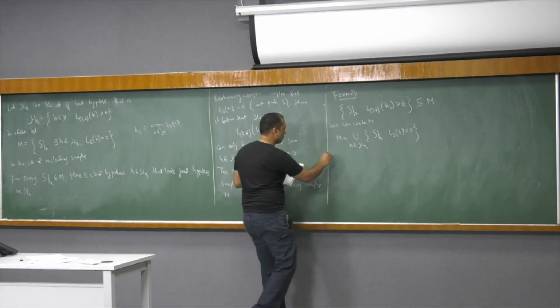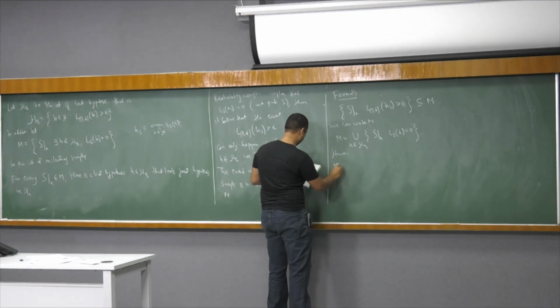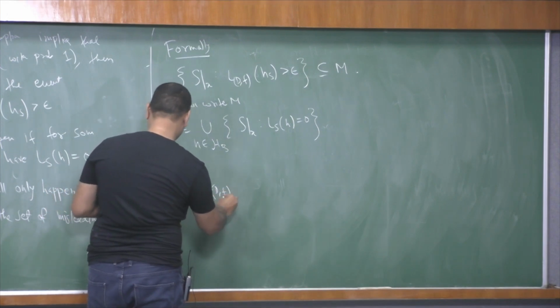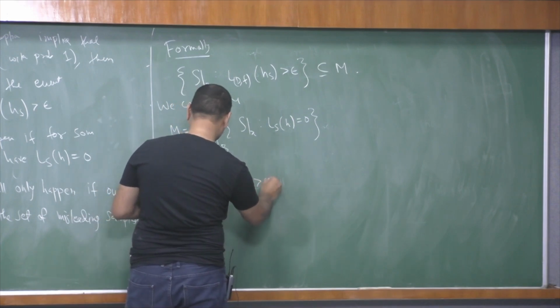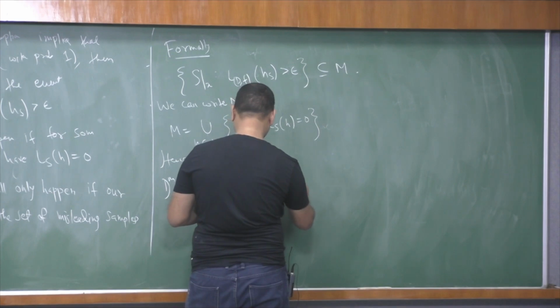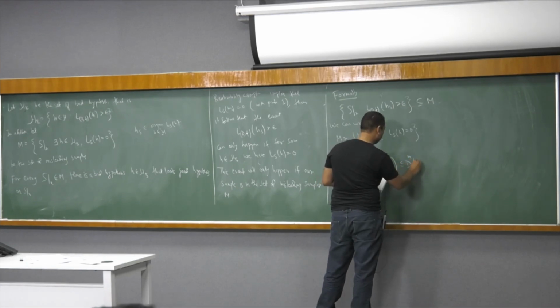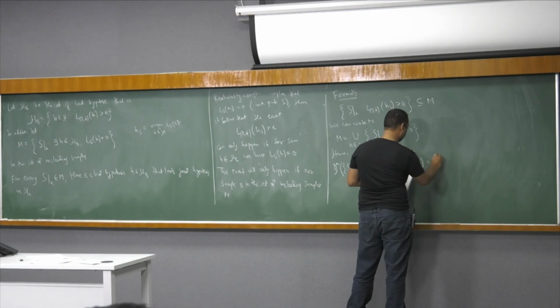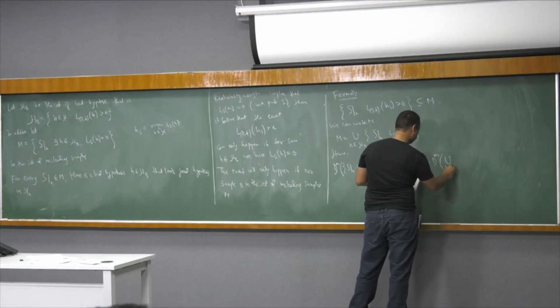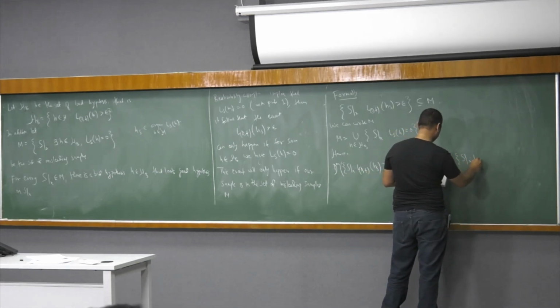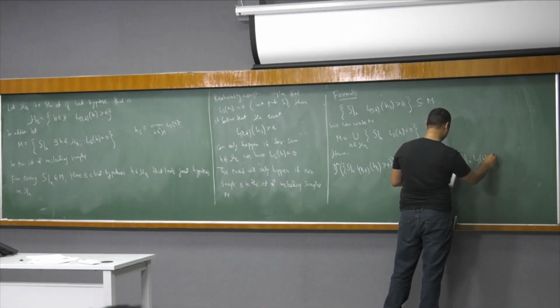Hence D^m of {S_X : L_D,f(h_S) > epsilon} is less than or equal to D^m(M), which is equal to D^m of the union over h in H_B of {S_X : L_S(h) = 0}.